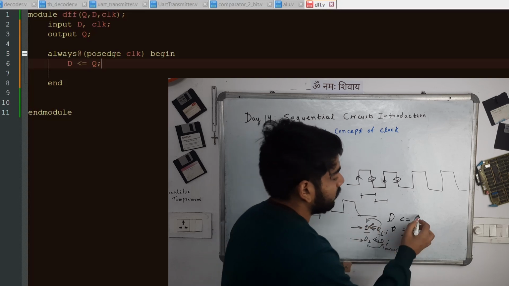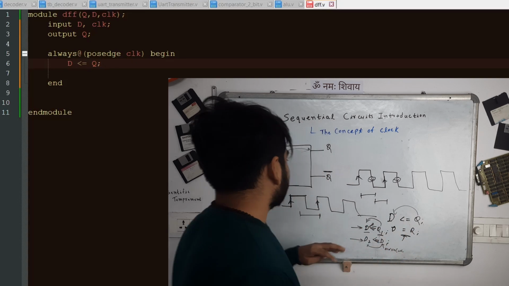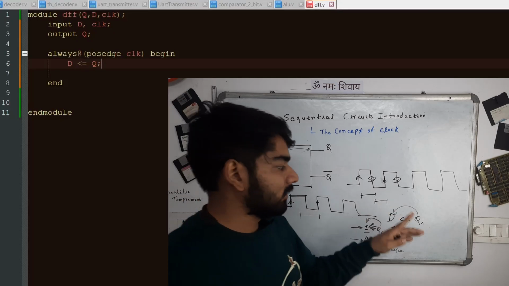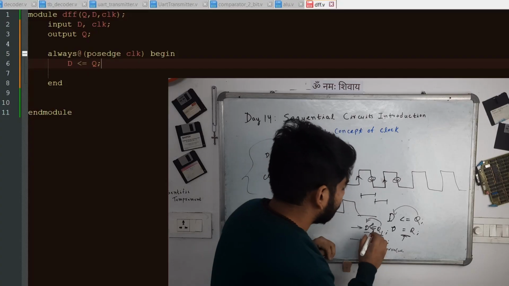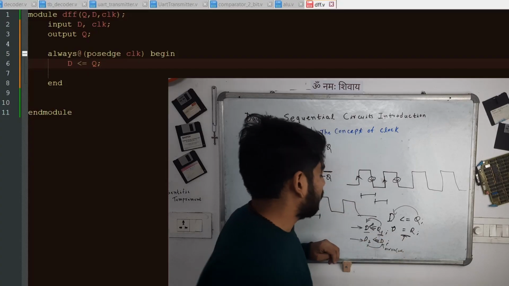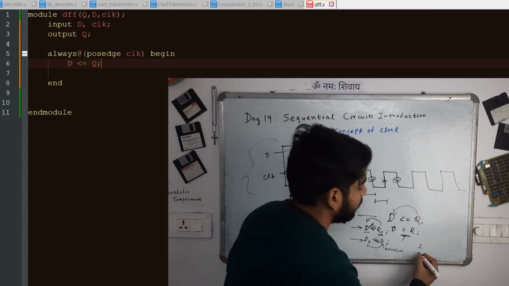So Q1 will be assigned to D, but on the next clock edge, not right now. This will basically act the same as a D flip-flop. So in this case, let's say Q1 is 1, and D is currently 0.